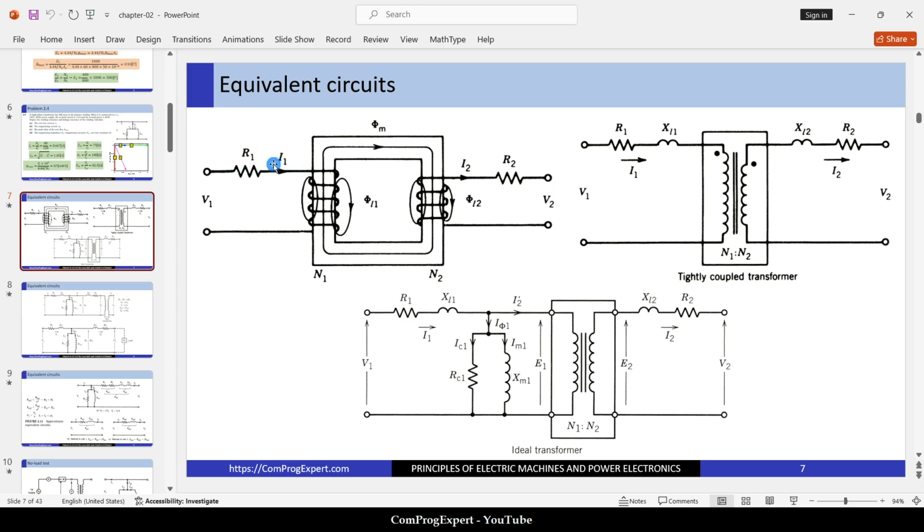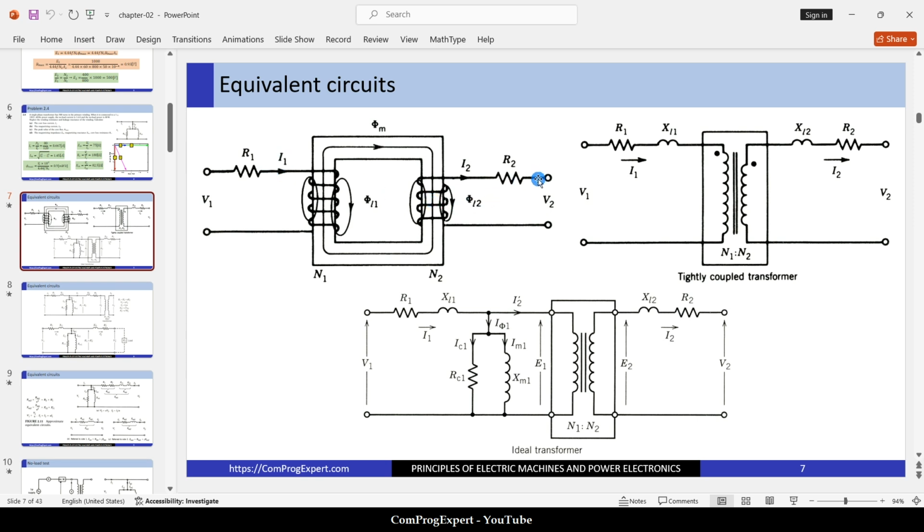I1 is the current of the primary coil. When we have this current in the primary coil, we have this leakage flux also, the phi leakage 1. This leakage flux is linked to the primary coil only and is due to I1.